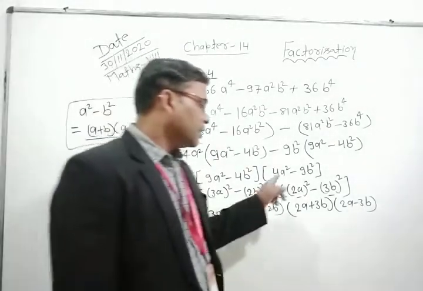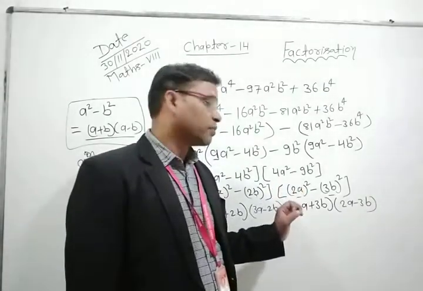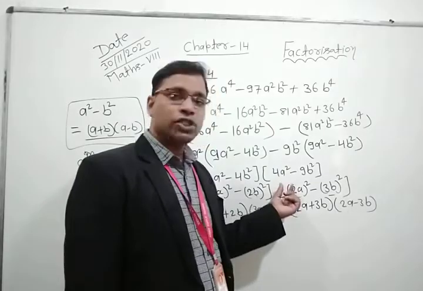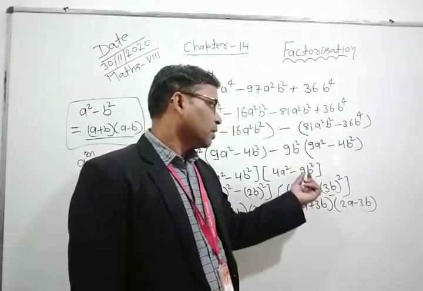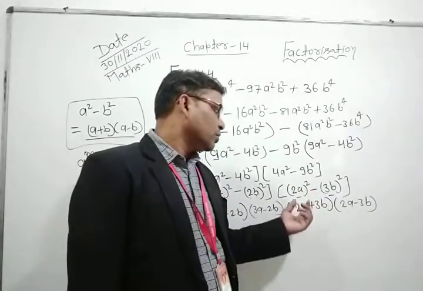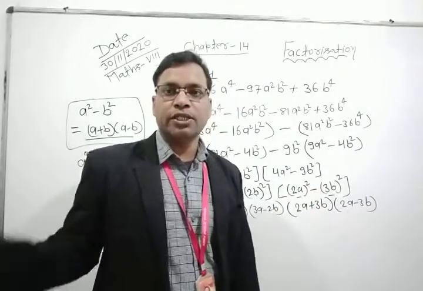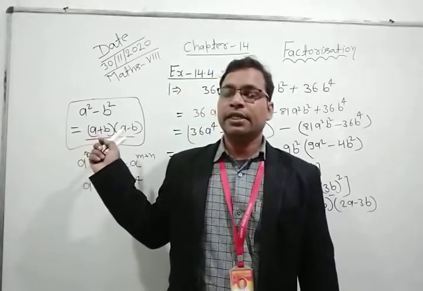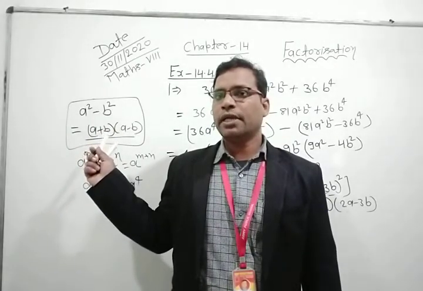Also you can see here this is 4a square minus 9b square. So 4a square you can write as whole square of 2a, and 9b square you can write as whole square of 3b. So again we used here the third identity. What is the third identity? You can see here, a square minus b square is equal to a plus b into a minus b.